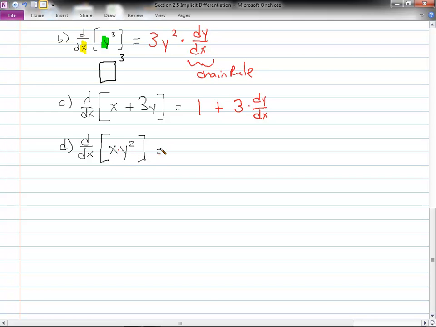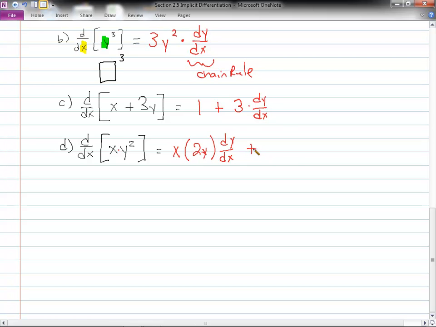We assume y depends on x. So first is x times the derivative of the second, 2y dy dx. Remember, every time you're taking the derivative of something with y's in it, you multiply by dy dx before you're done. Got it?